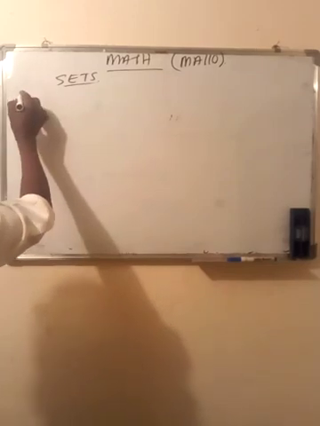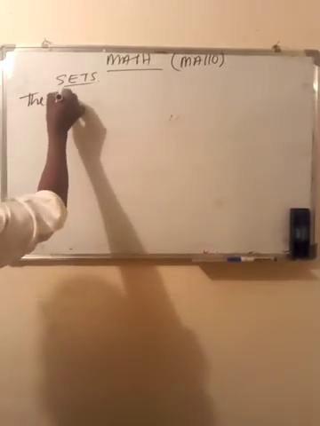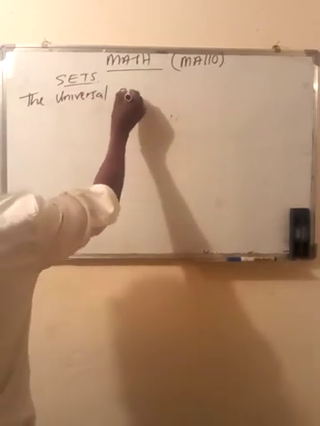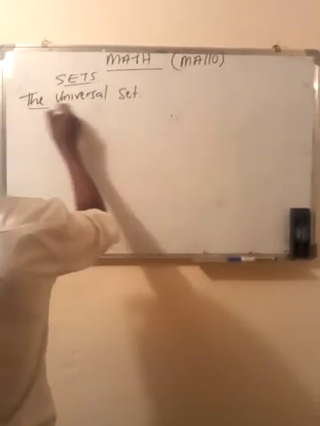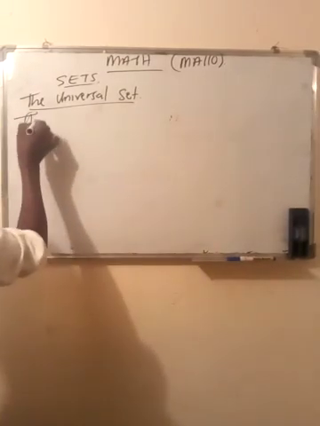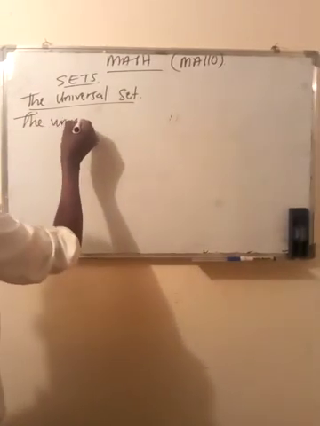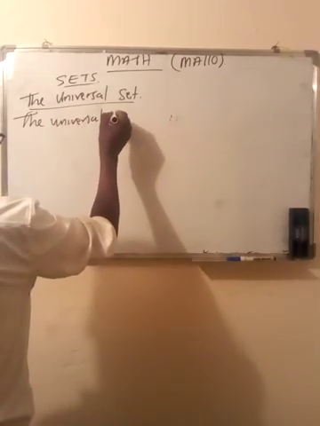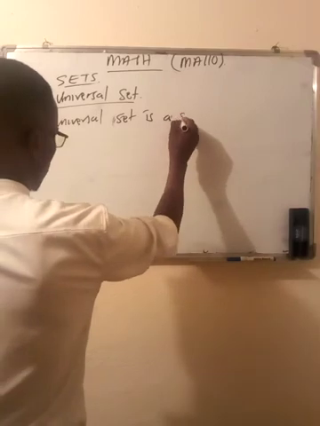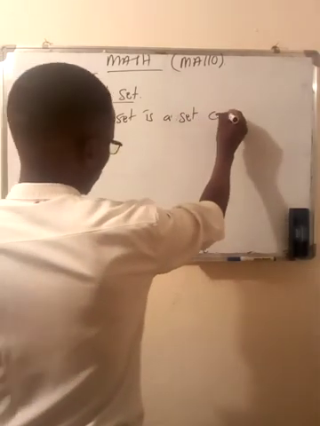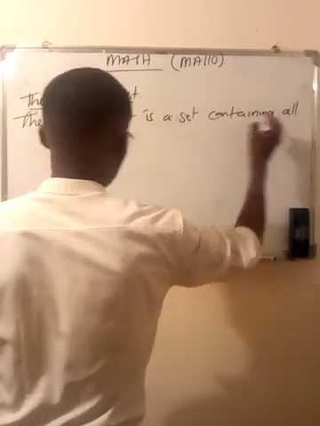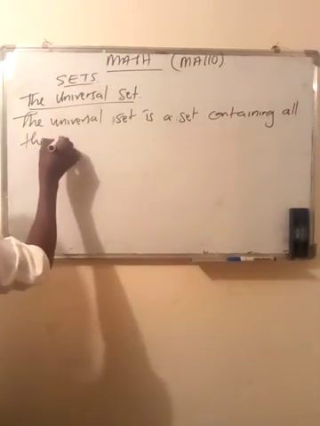So the universal set is a set containing all the elements and subsets under discussion.